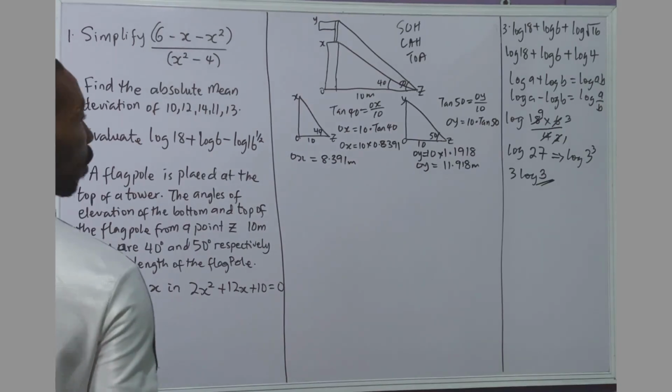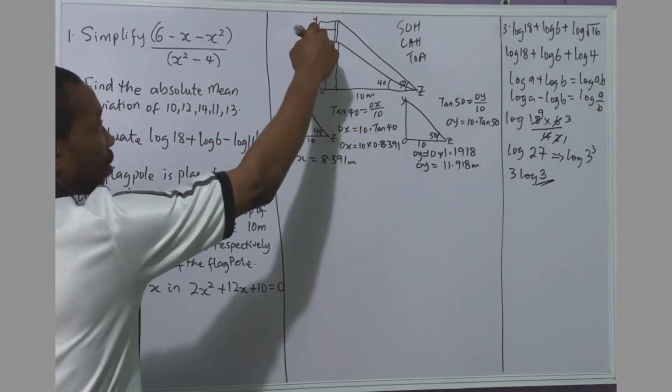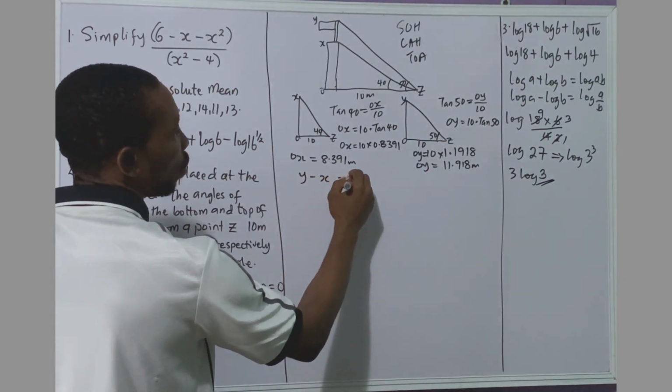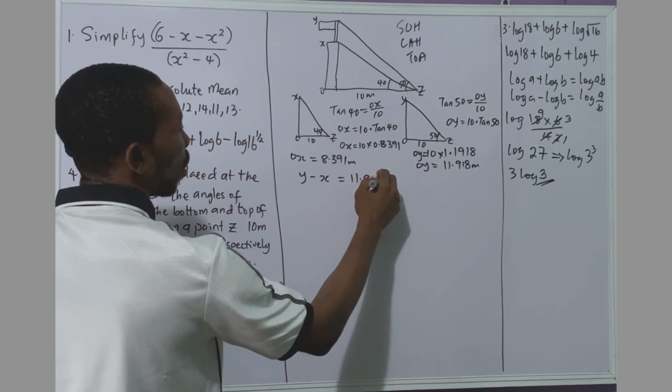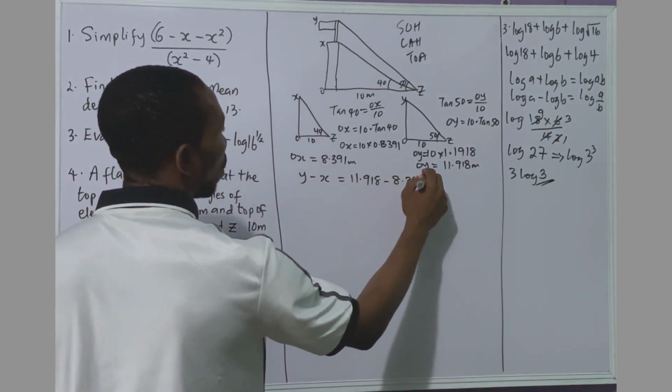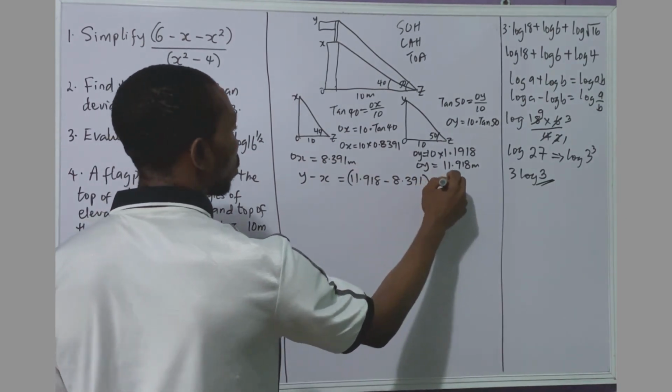So now, for us to find the distance between YX, it will be Y minus X, which is 11.918 minus 8.391, all in meters.